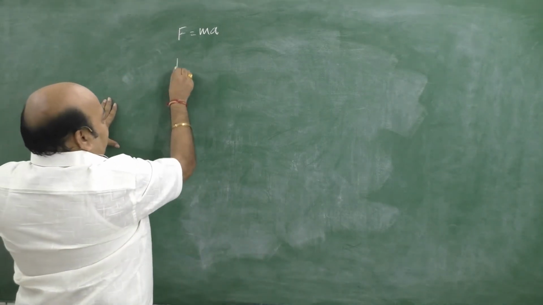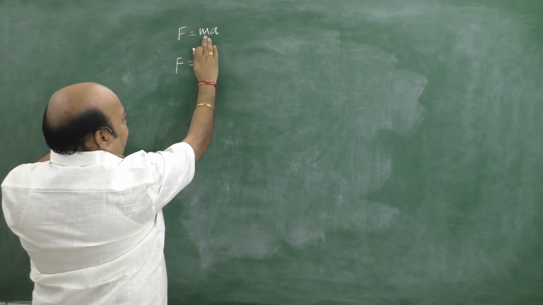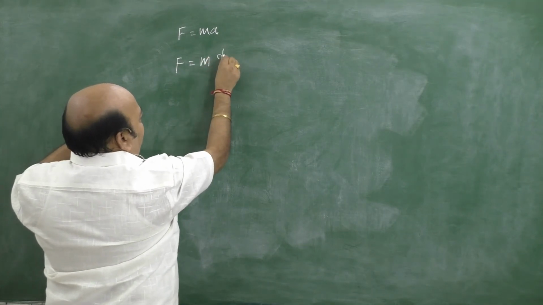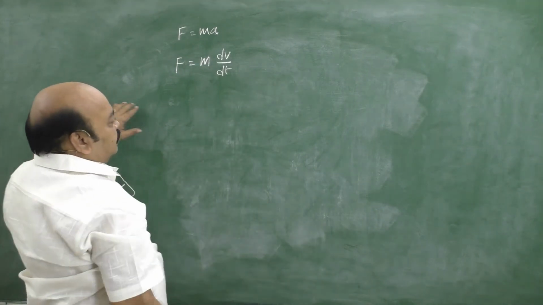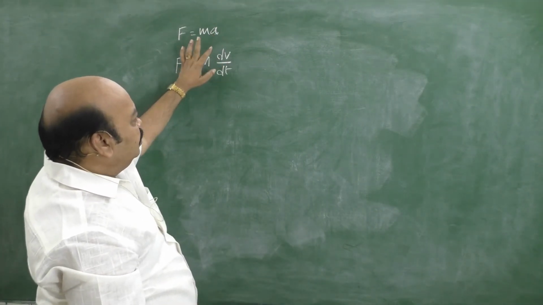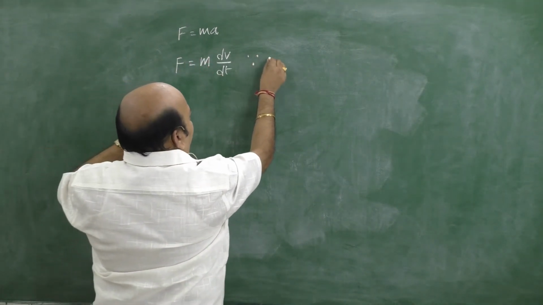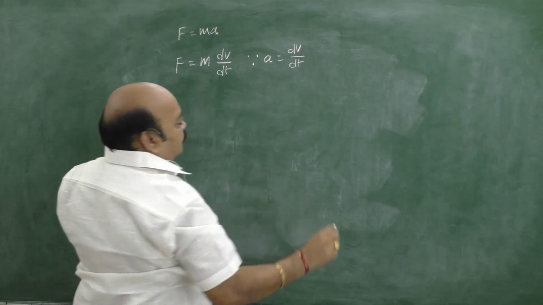Since mass is constant, till now we wrote the different forms of acceleration. F is equal to m into dv by dt, because from our early study we know acceleration is equal to rate of change of velocity.